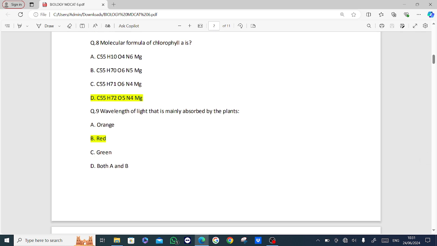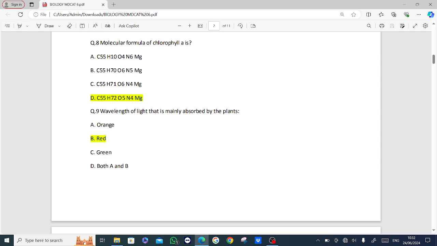Next MCQ is, molecular formula of chlorophyll A is. Options are C55 H10 O4 N6 Mg, C55 H70 O6 N5 Mg, C55 H71 O6 N4 Mg, C55 H72 O5 N4 Mg.